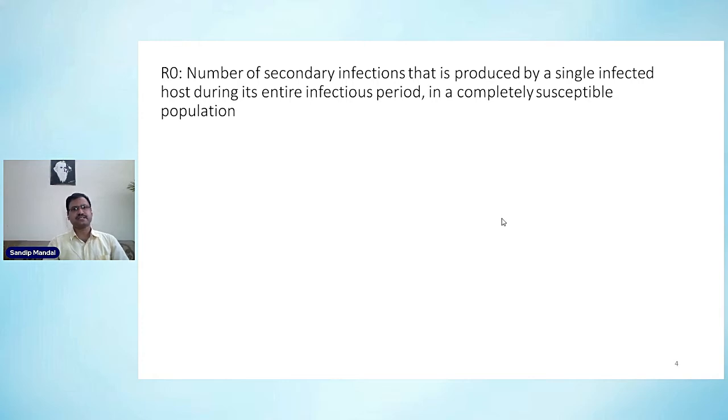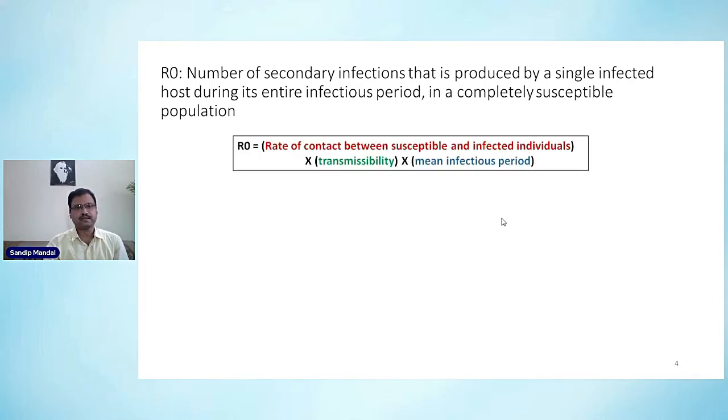R0 means the number of secondary infections that a single infected host can generate, that is, how many people one infected person can spread the disease to, if all are susceptible in the community. This is called the basic reproduction number, or R0.